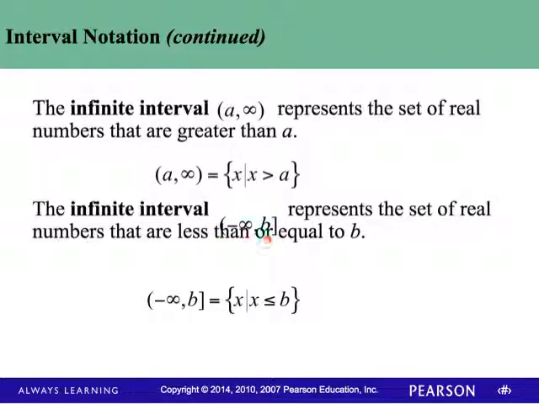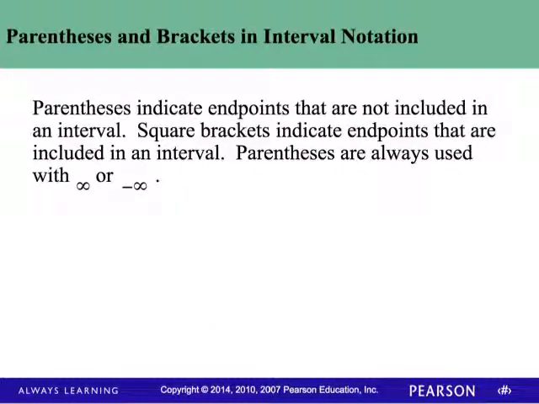But if we have a bracket, this is going to be all the x values that are less than or equal to b. This is reiterating what I said before. Parentheses are endpoints that are not included, and brackets are endpoints that are included. And we always use parentheses around positive or negative infinity.